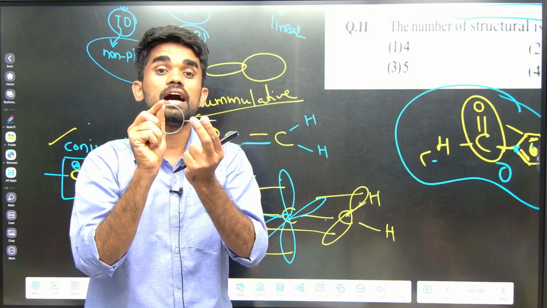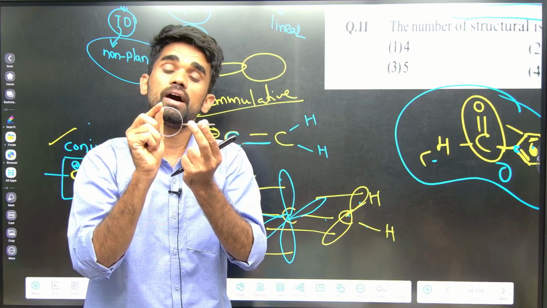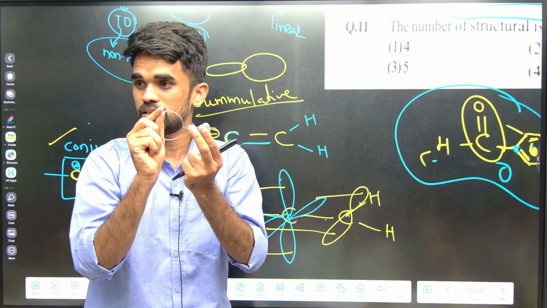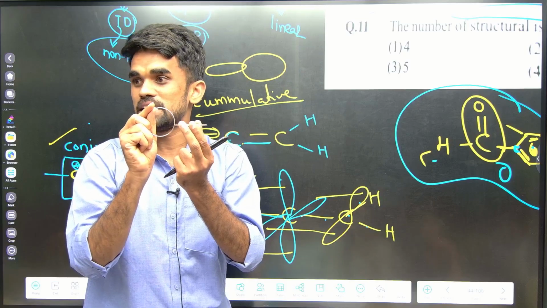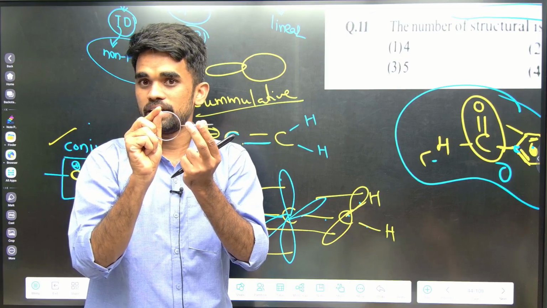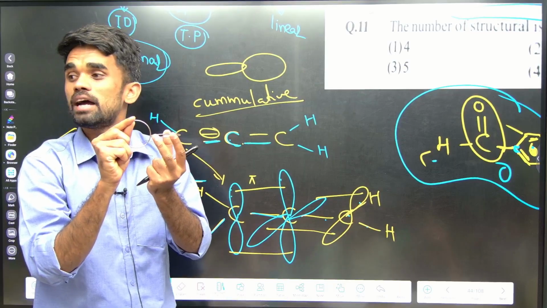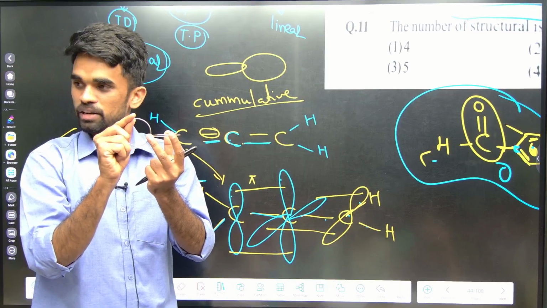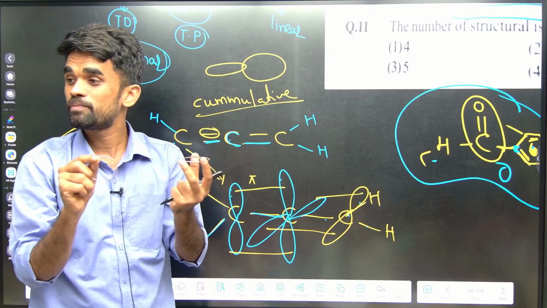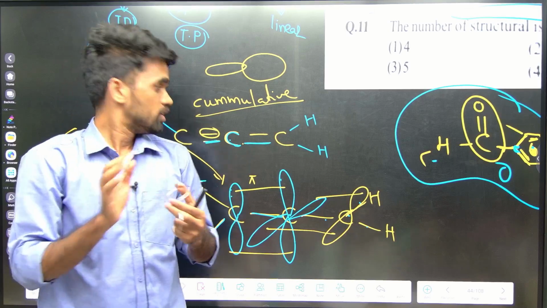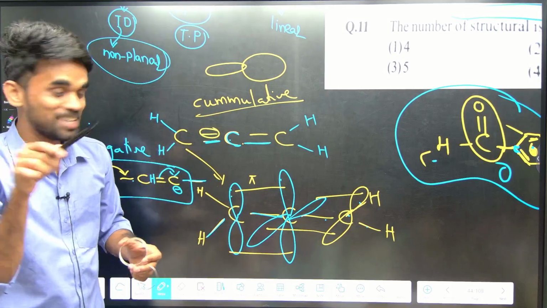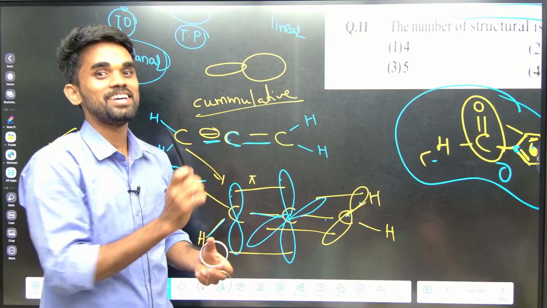Are all these 4 hydrogens in the same plane or different planes? Something like tetrahedral geometry you will get. So now cumulative dienes are planar or non-planar? Non-planar. Perfect. Once again, listen here. Cumulative dienes are non-planar.